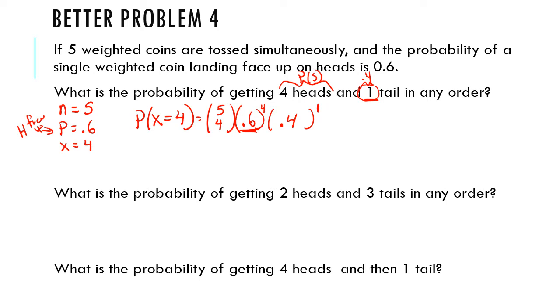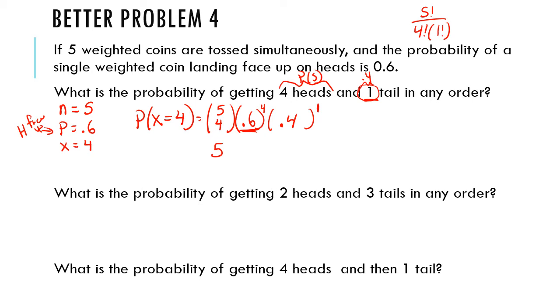So now when we go ahead and do our factorials of the 5 choose 4, we get 5 when we plug into our formula, 5 factorial over 4 factorial, and then once again, 5 minus 4 is 1 factorial.